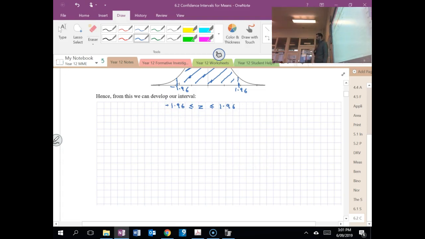Now we're 95% confident about this, which means that I can then say that my sample mean, take mu, all over sigma on root n, is between those two values. All I've done is substitute the formula for Z in place of Z.